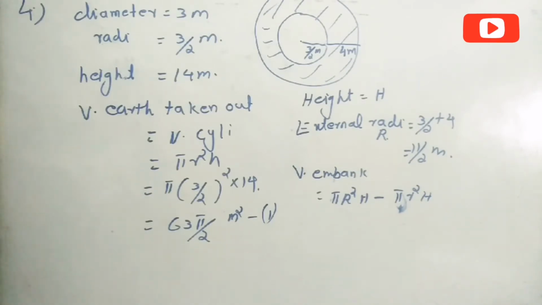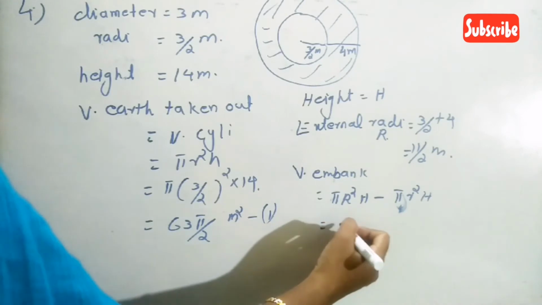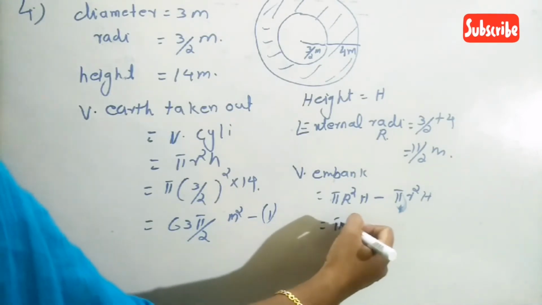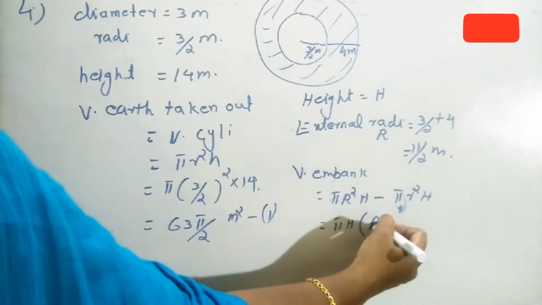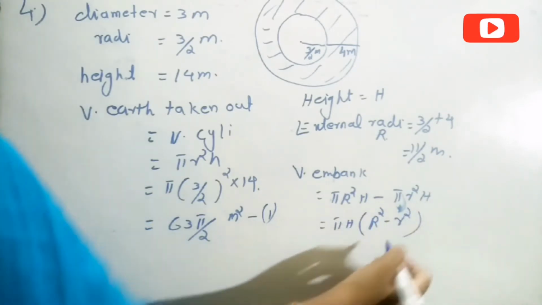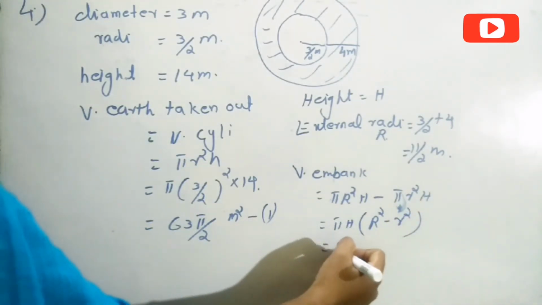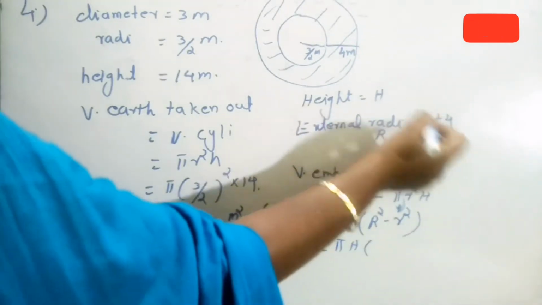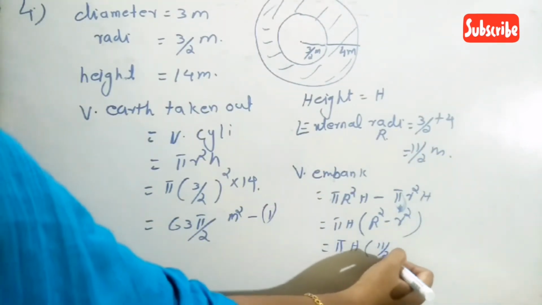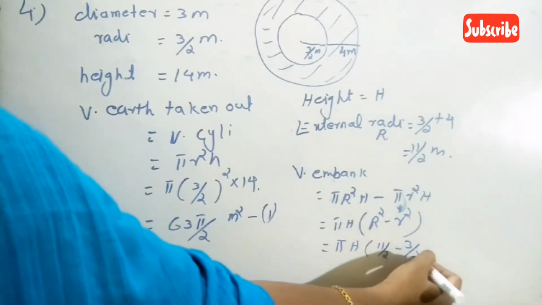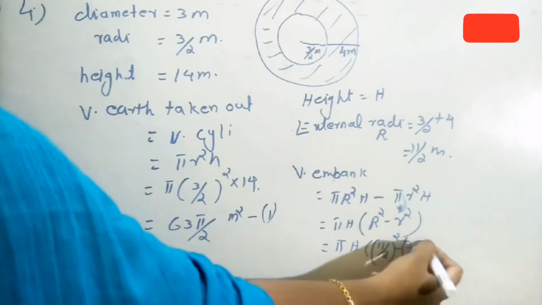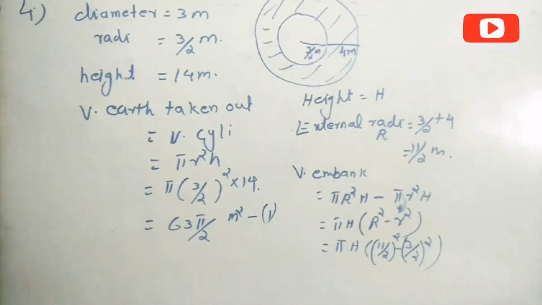The two heights are equal, so pi R square h minus pi r square h is equal to pi h, which we can take outside, times capital R square minus small r square. That is pi h into (11 by 2) all square minus (3 by 2) all square.